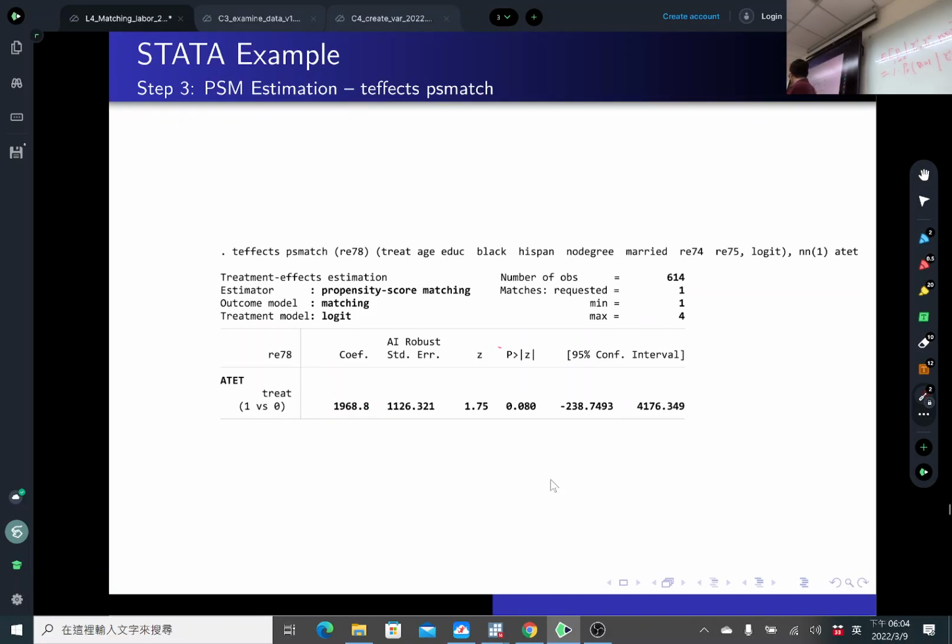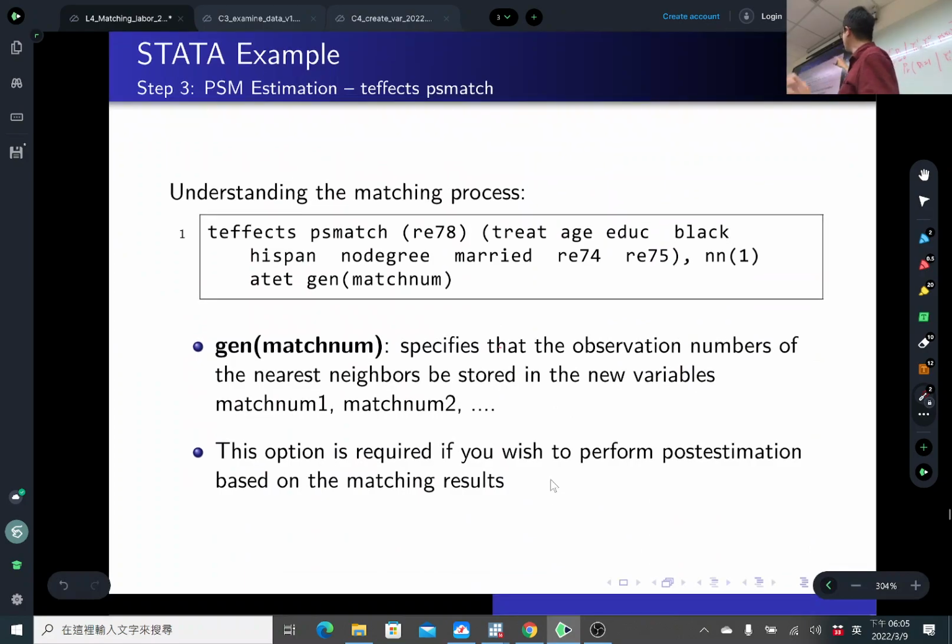I mean, because maybe policymaker only focus on those who decide to join the job training program, their effects. And based on this, the effect is significantly different from 0. Okay. That means it might increase their earnings after taking a job training program for the treatment group. Okay. So maybe we can have the break and then we will finish this. Okay.